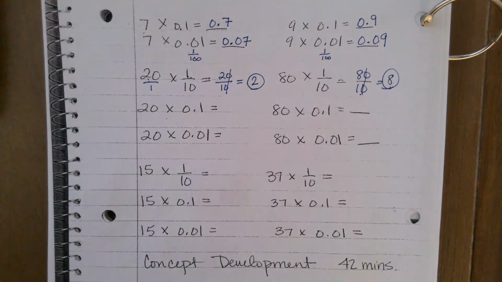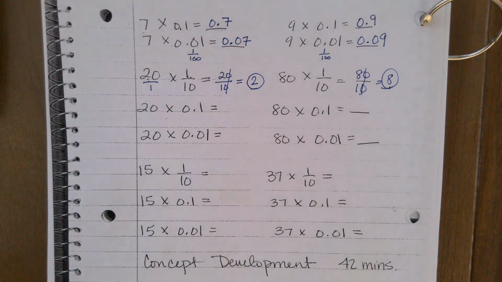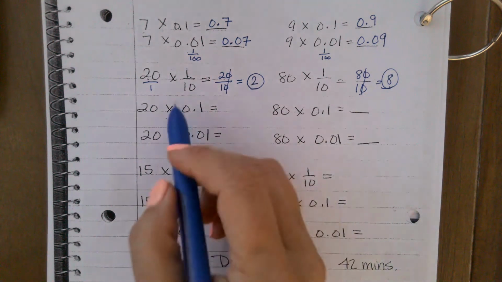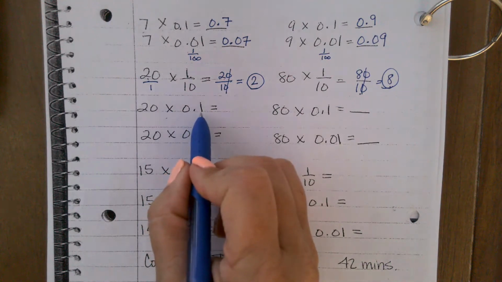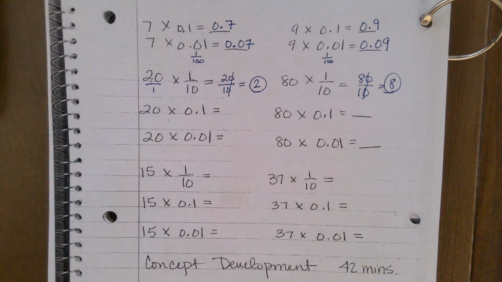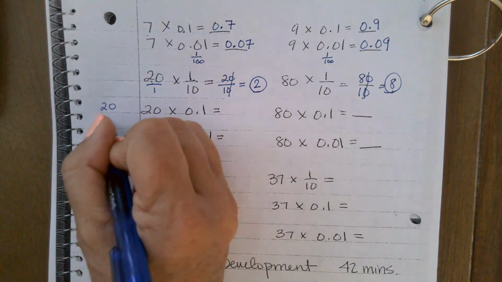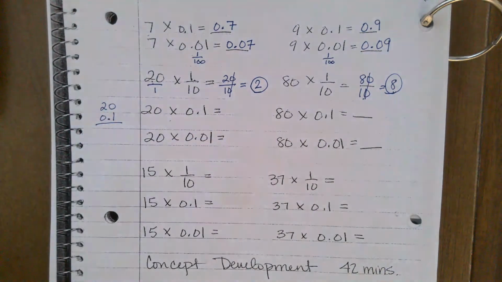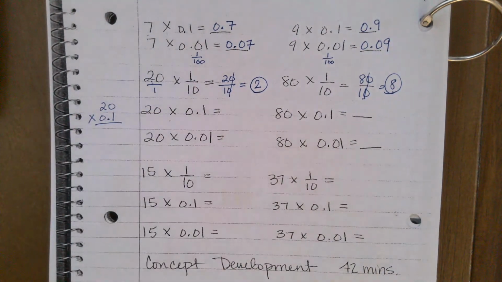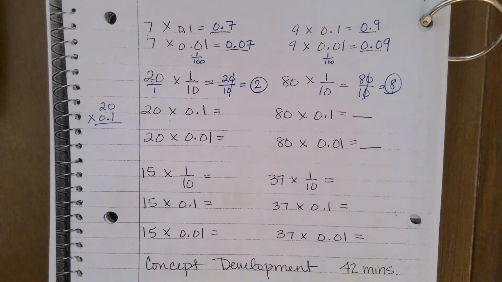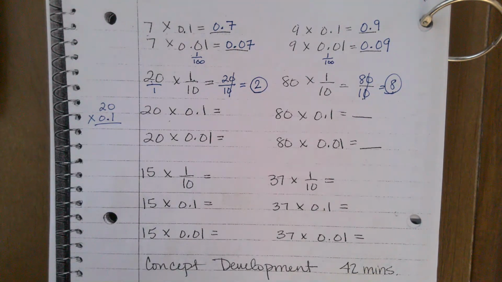We're multiplying by a fraction of a number, a tenth. We're multiplying by 1/10. So when you multiply by 1/10, you could multiply it out like this, but you don't need to. Instead, you're going to multiply and move your decimal one place over.